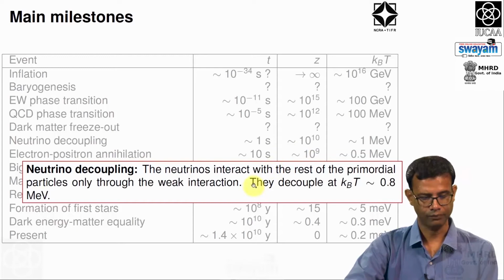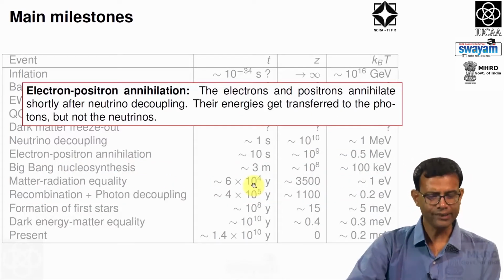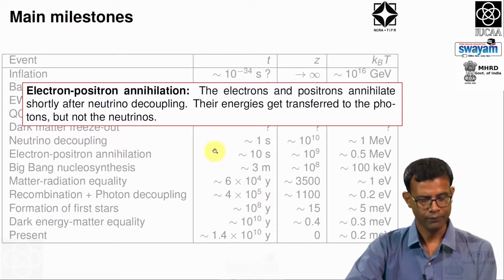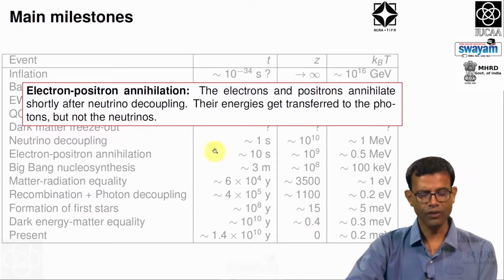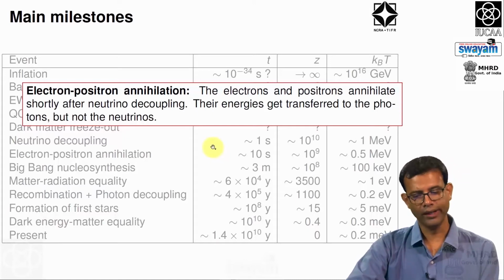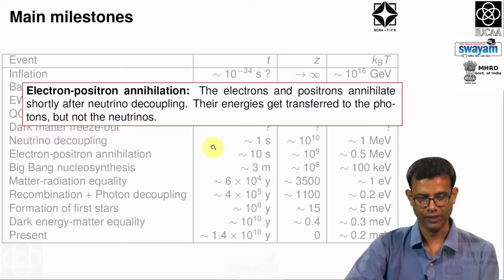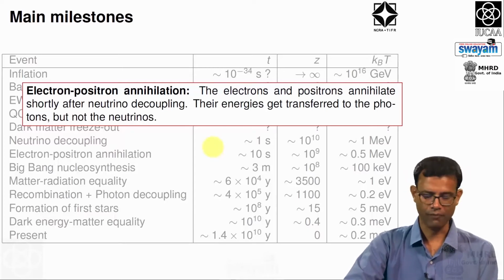The next thing which is quite interesting is the annihilation of electron positron. So, before this time the universe contained both electrons and positrons, but probably slightly more electrons than positrons. That would happen somewhere at early times.